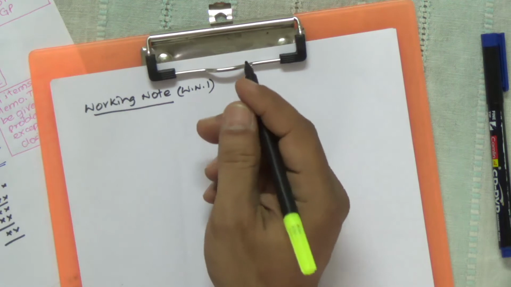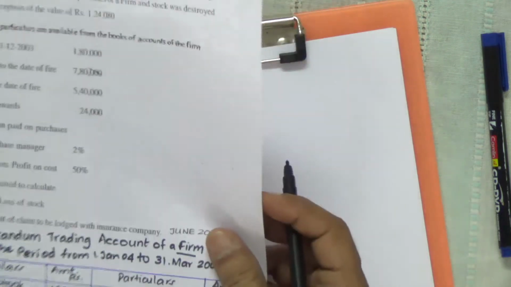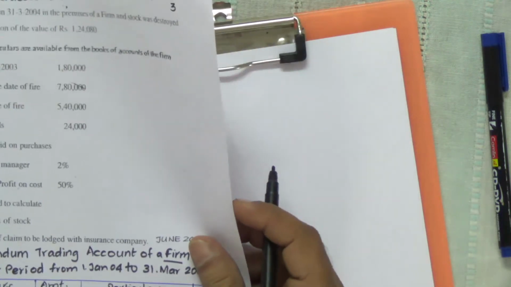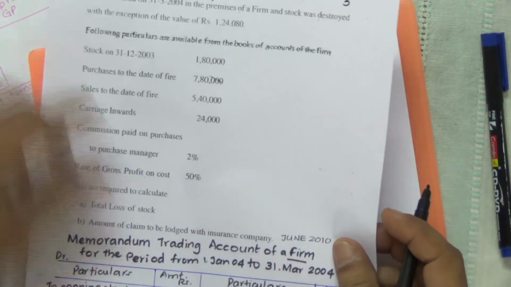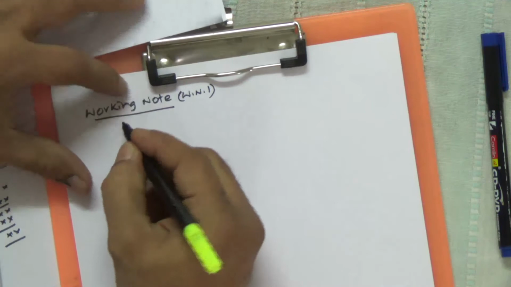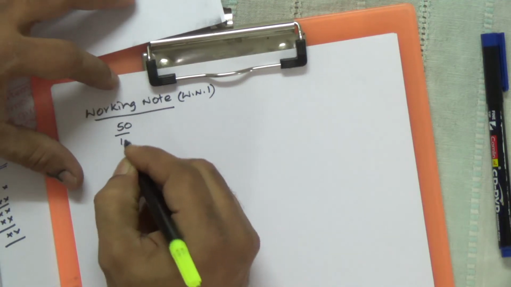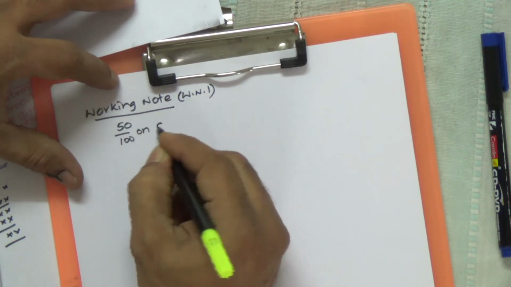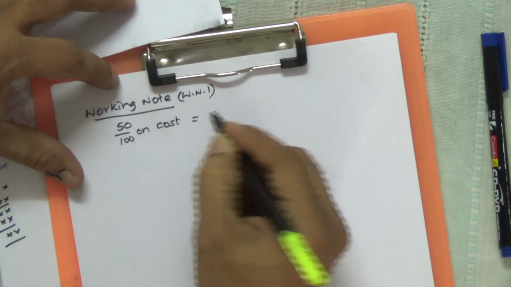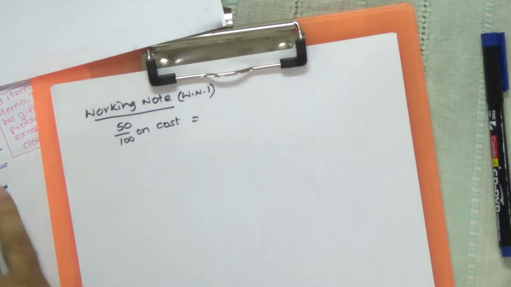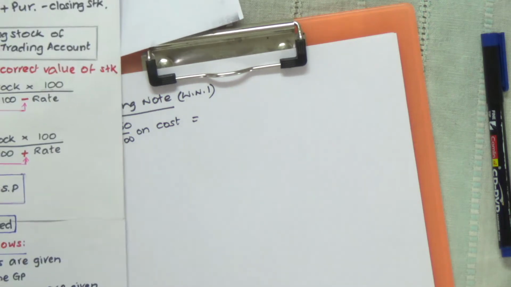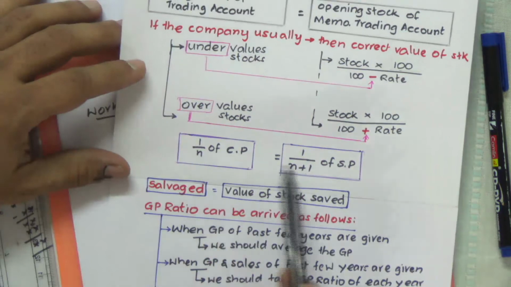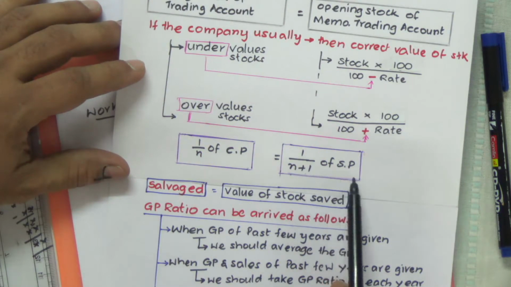Gross profit, the value of profit: rate of gross profit on cost is 50%. 50% on cost is equal to, we have our formula here. 1 by n on CP is equal to 1 by n plus 1 on SP.